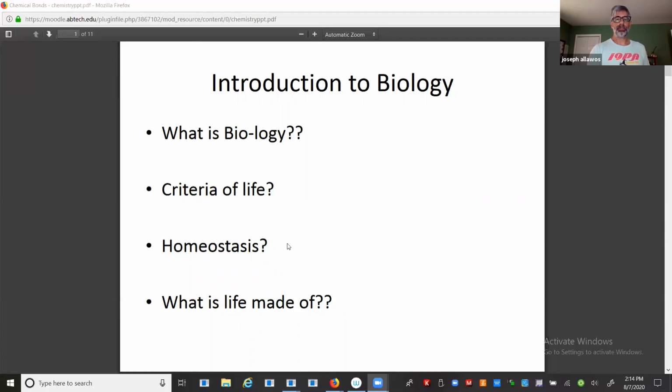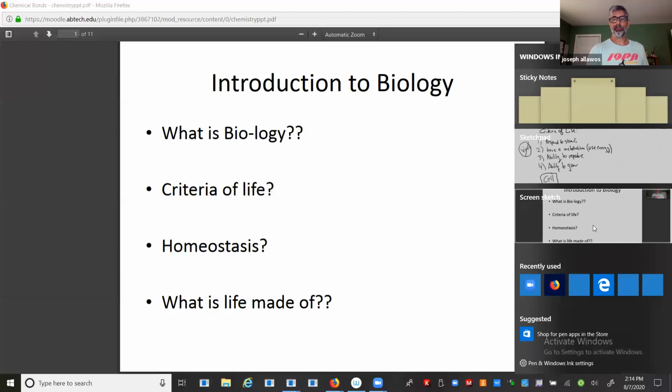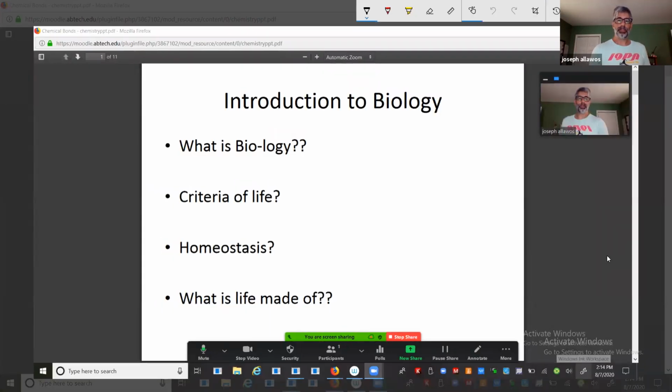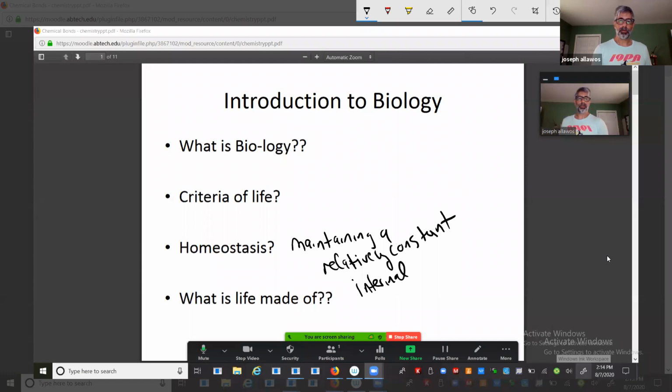If we want to define what that word means, it means maintaining a relatively constant internal environment.